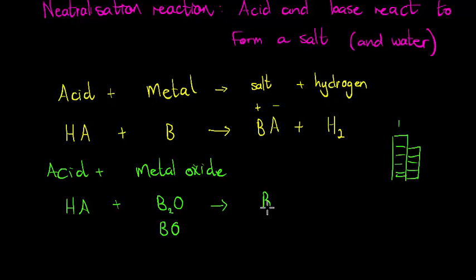The salt would still be the same, the cation and the anion, plus, but this time hydrogen is donated to the oxygen, so this is H2O, and now we can better see that this is my acid, and this is its conjugate base.